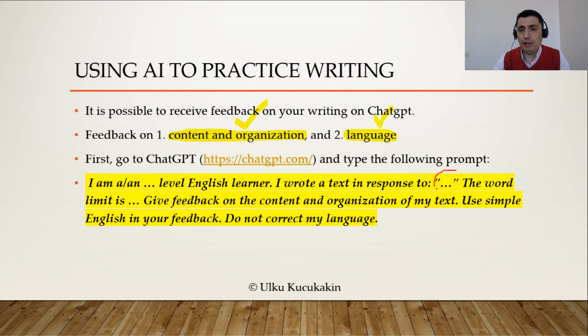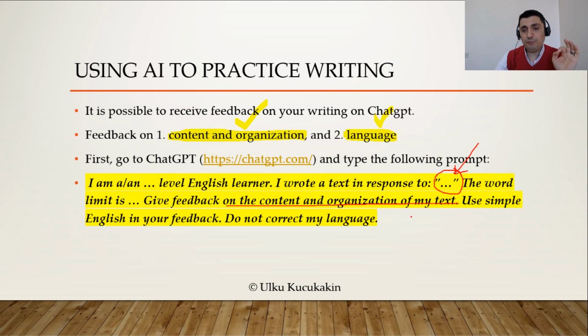So I wrote a text in response to the differences between online shopping and in-store shopping. That's my topic, okay? The word limit is, I don't know, 150, 200, 300, depending on your text, okay? Give feedback on the content and organization of my text.